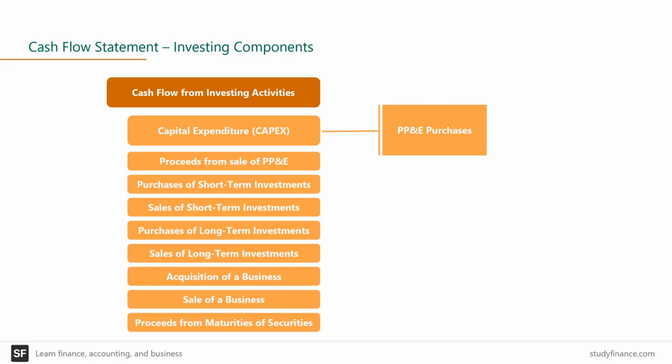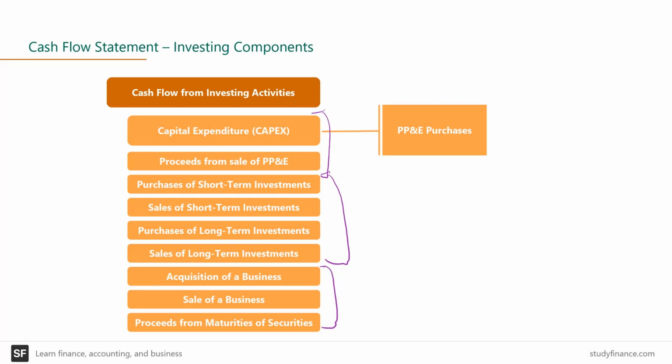So you would typically see these line items here, including these line items here, on a cash flow statement in one form or another, but there are other items such as the acquisition of a business, sale of a business, and proceeds from maturities of securities that may be listed as well.